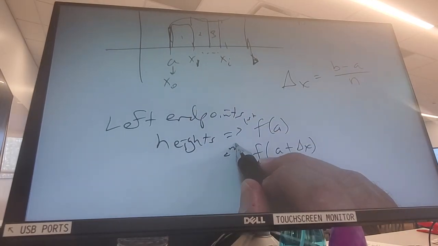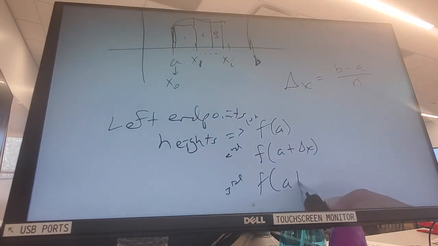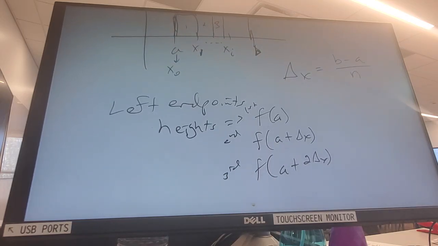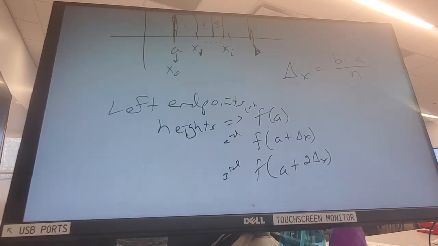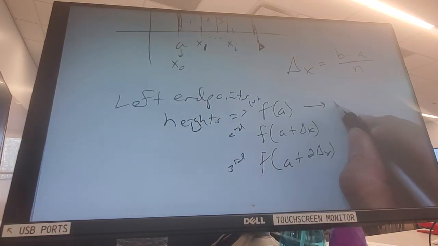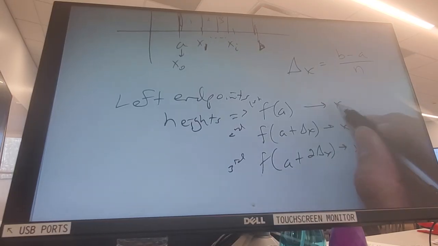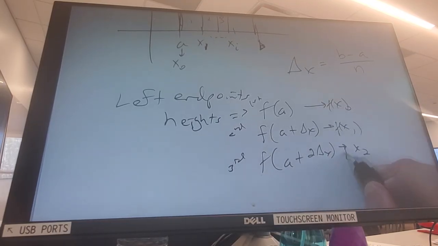First, second, third. f of a plus 2 delta x. Yes, okay. So then this would be x0, this would be x1, this would be x2. I'm sorry, f of x0, f of x1, f of x2.